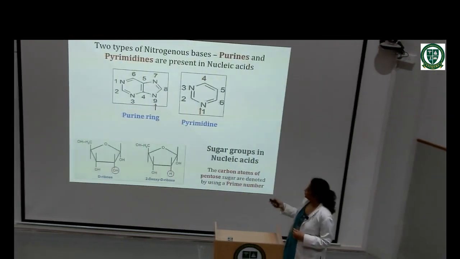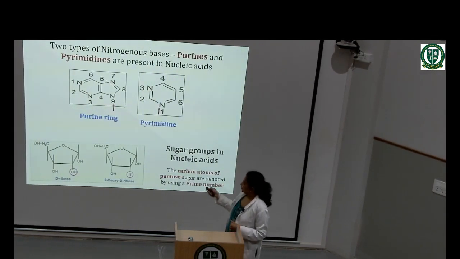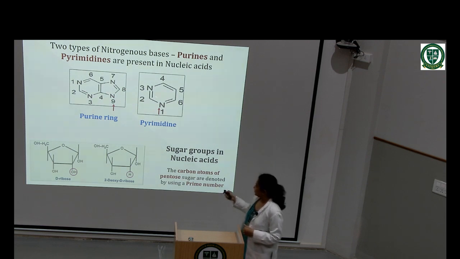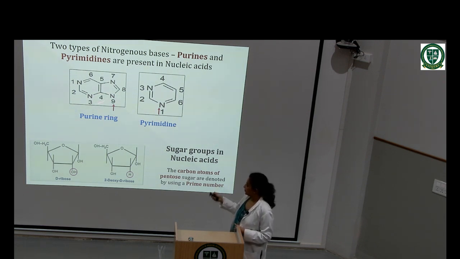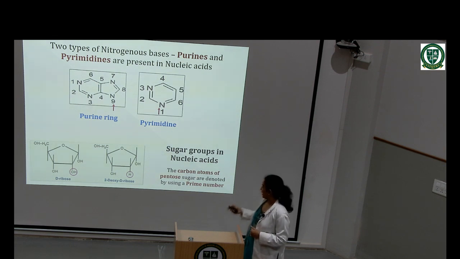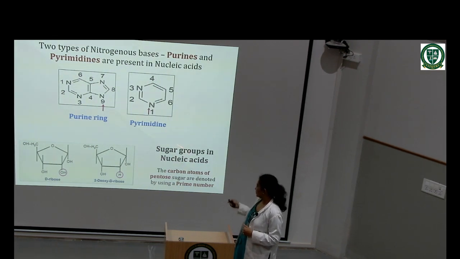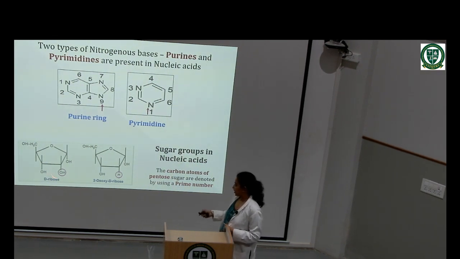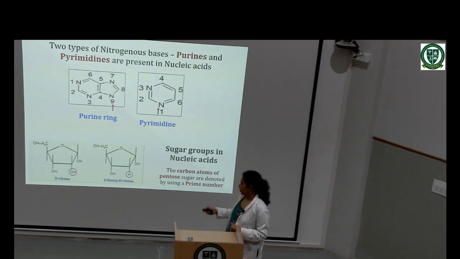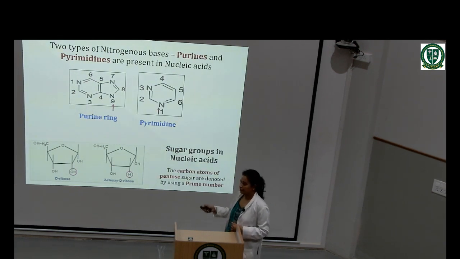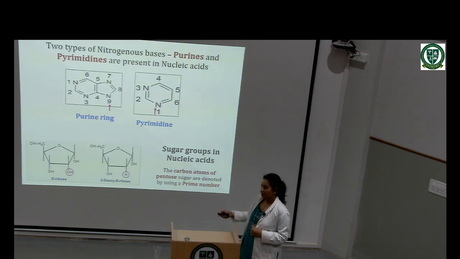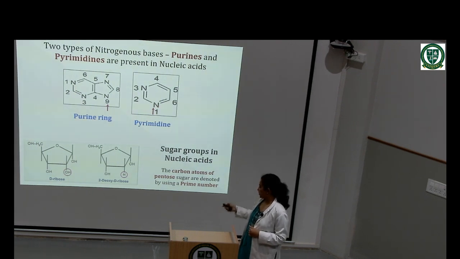Okay. So these are the ring structures of purine and pyrimidine rings. The purine ring, as I already told you, is a 9-membered ring structure, and the numbering starts in an anti-clockwise manner. And the sugar units present in nucleotides can be ribose or deoxyribose. If it is RNA, it is ribose. If it is DNA, it contains deoxyribose.